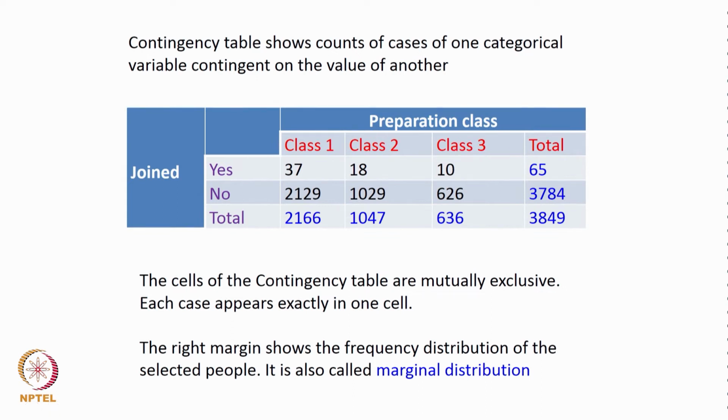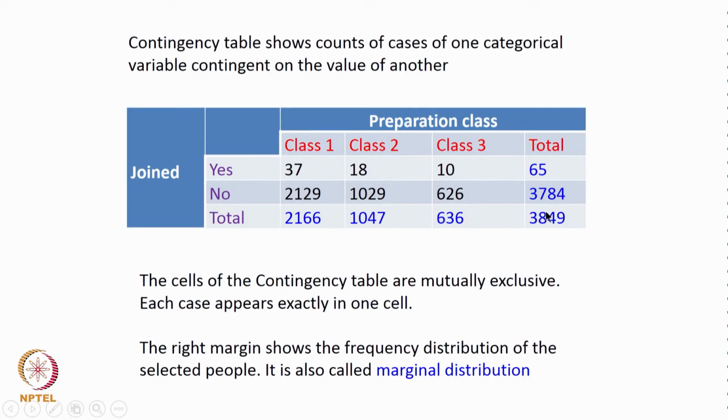The contingency table shows the counts of cases of one categorical variable contingent on the value of another. For example, the number of people who attended class 1 prior to admission and joined the program is 37. Similarly, we can explain the remaining 5 numbers.